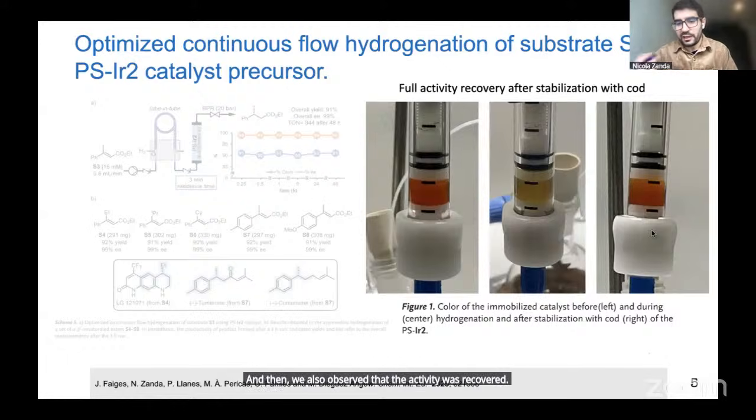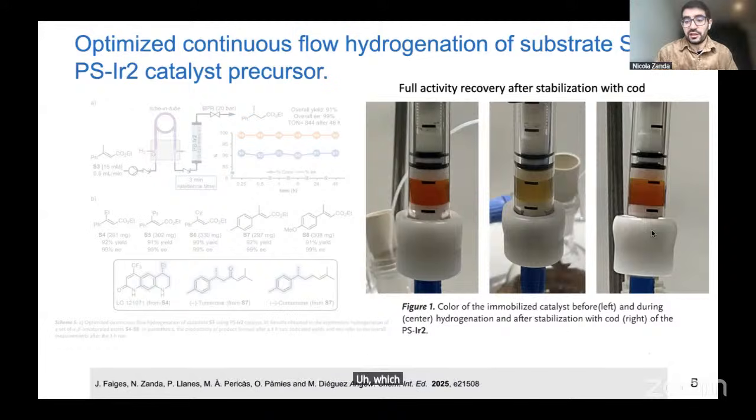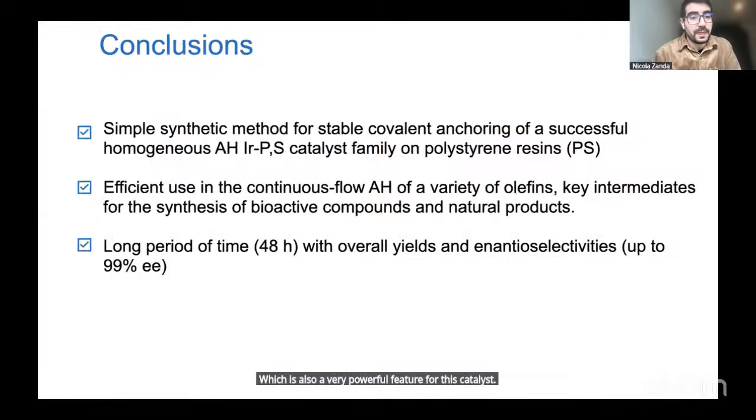And thus the final recovery protocol was that after the reaction, the COD was added again, and then the catalyst was dried this time. And after drying, we observed that after 2 weeks, this could be used proficiently in the transformation, which is also a very powerful feature for this catalyst.